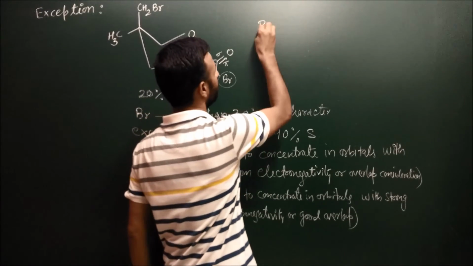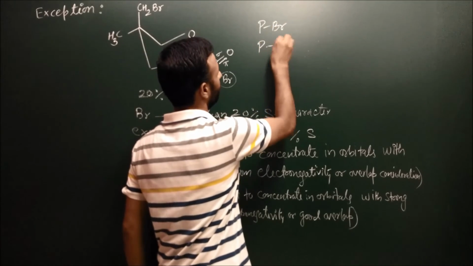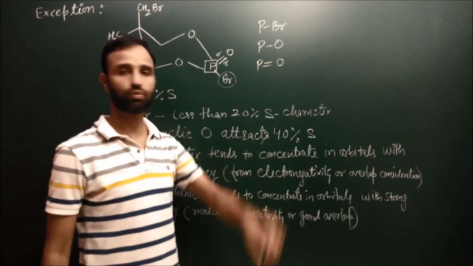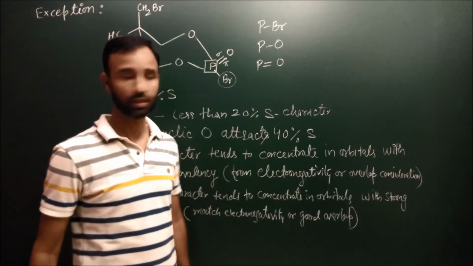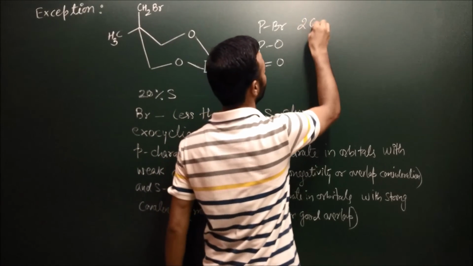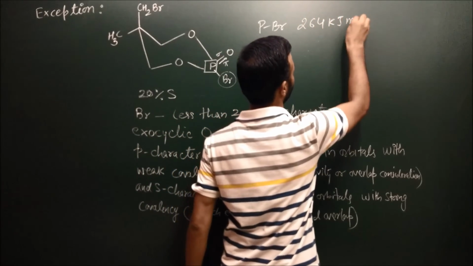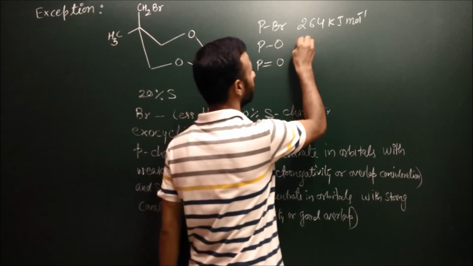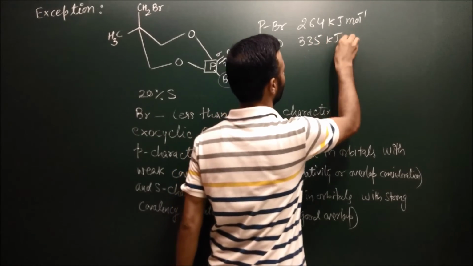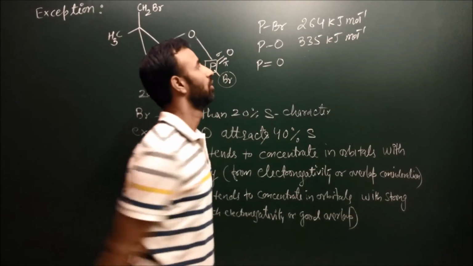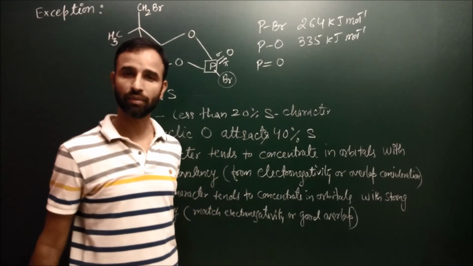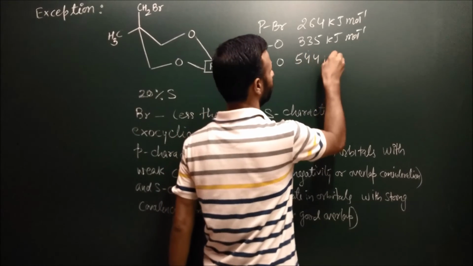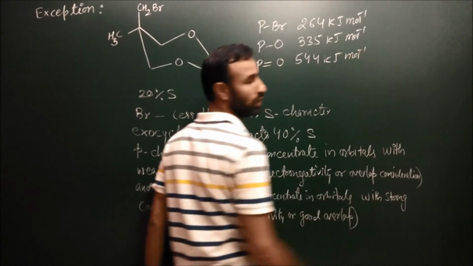For example, if we compare the bond energies of phosphorus bromine, phosphorus oxygen and phosphorus double bond oxygen, phosphorus bromine has a bond energy of only 264 kilojoules per mole. The single bond P-O is 335 kilojoules per mole and P double bond O is 544 kilojoules per mole.